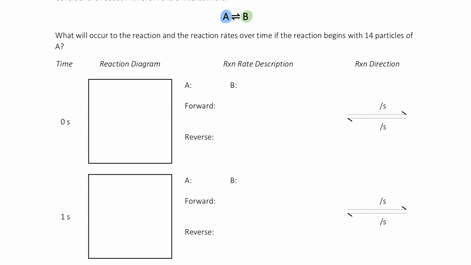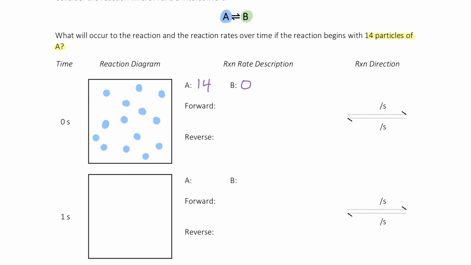But we're still going to start out with 14 particles of A. So very first thing we want to do is draw those 14 particles of A. Here's 14A. Which means we'll also have 0B.